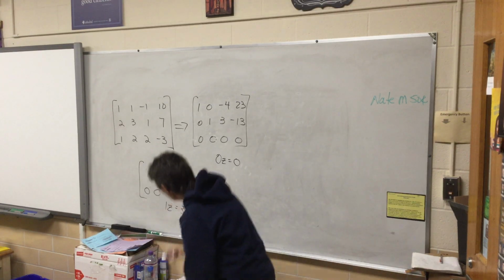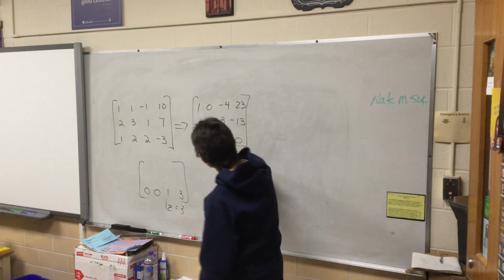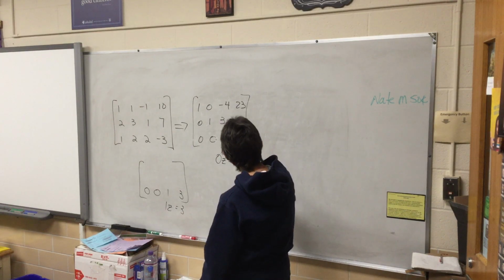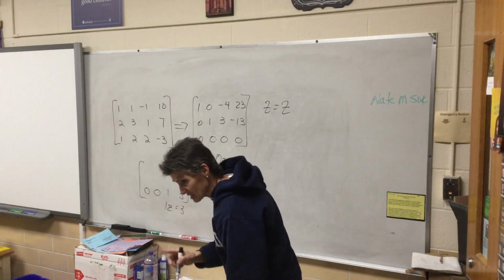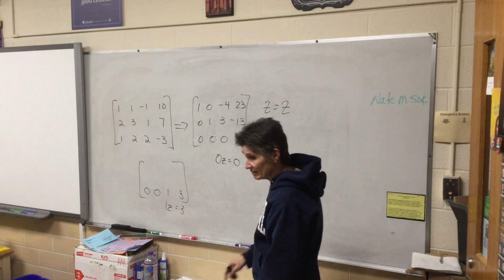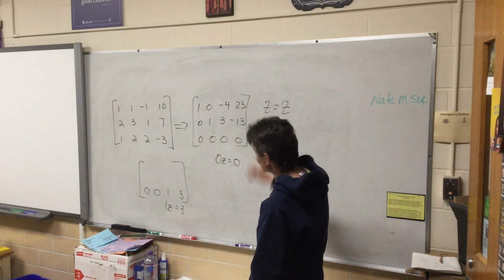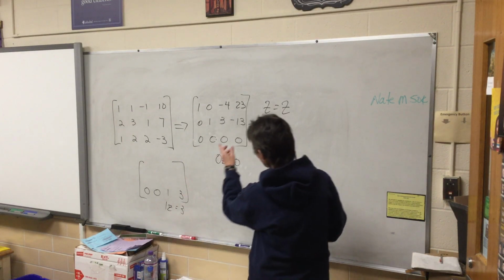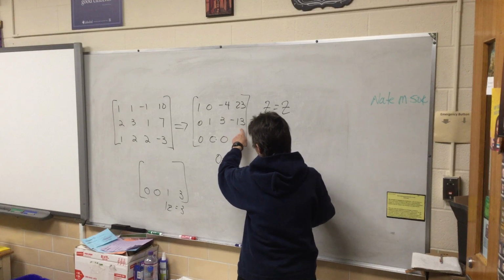So when this happens, guys, you start by saying, all right, z can be anything. And we express that simply by saying z is z. That's an identity. 5 equals 5, 8 equals 8, 12 equals 12. Now we're going to back up an equation, and we're going to see what this says.